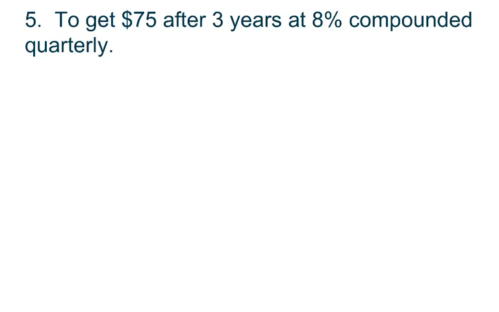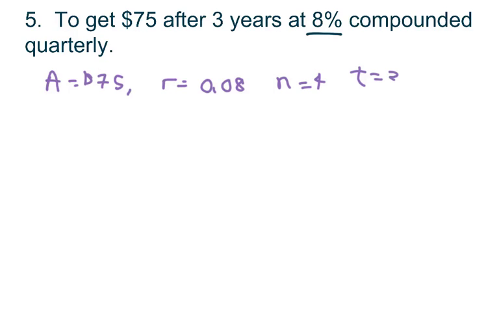Next one, we're going to do 75 at 8% compounded quarterly. So we have A equals 75, R equals 0.08, N equals 4, and T equals 3.